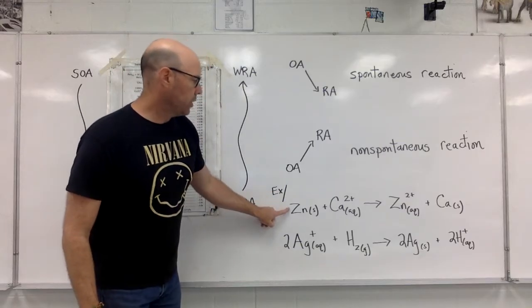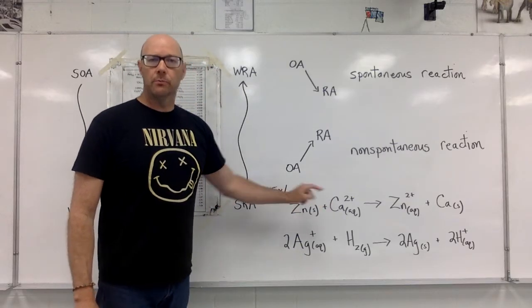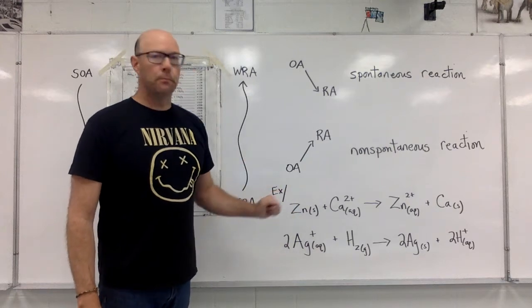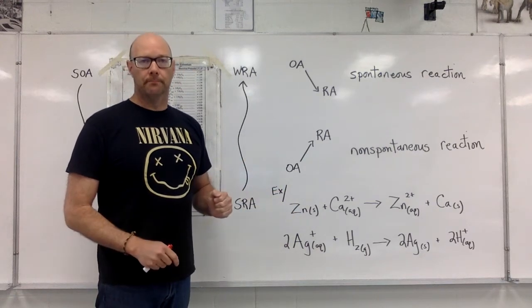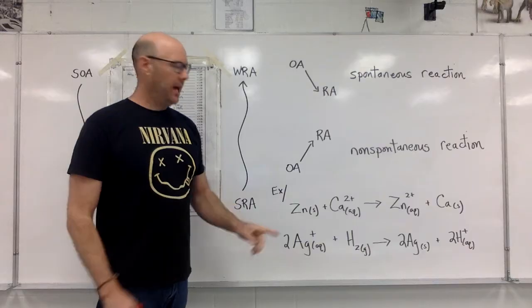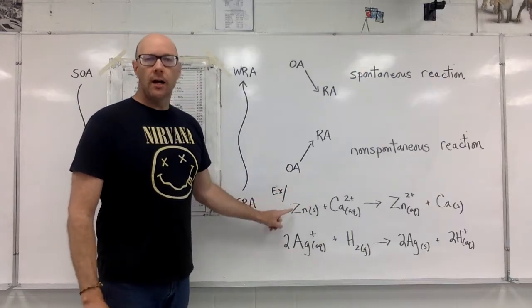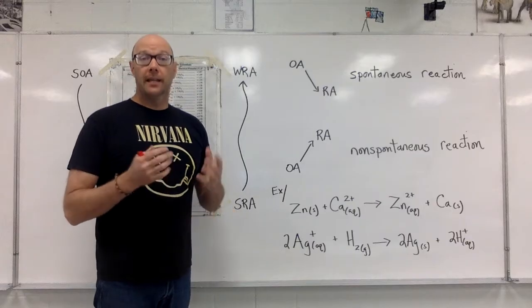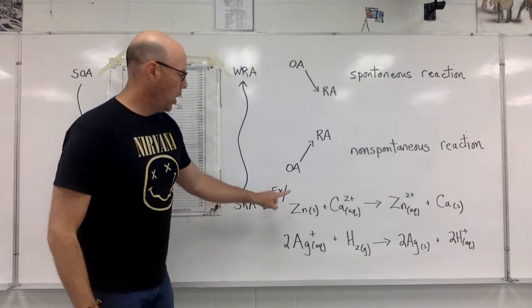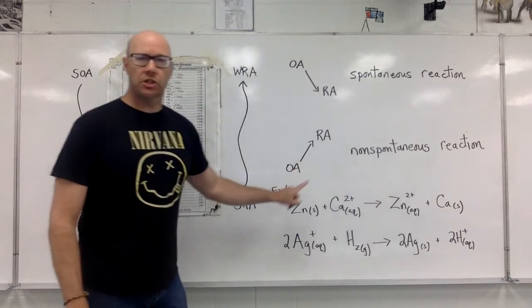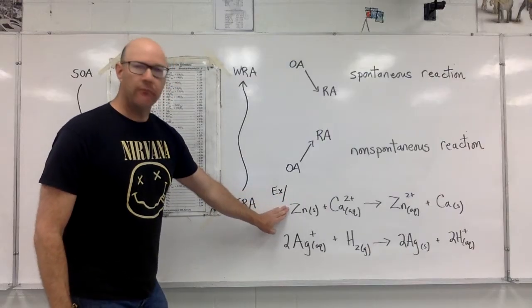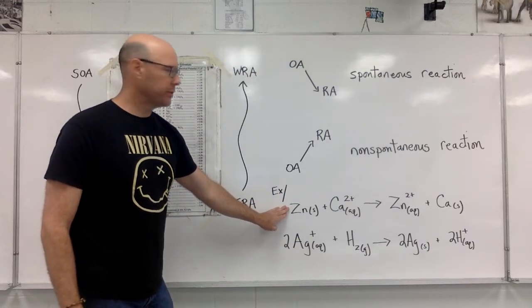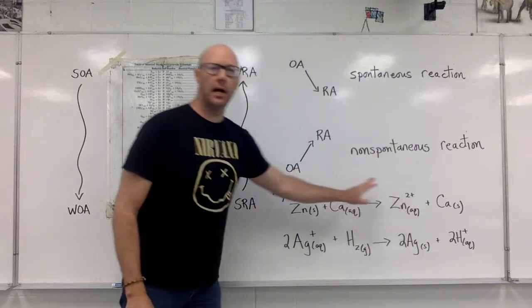We have zinc solid reacting with calcium 2+ ions to produce zinc ions and solid calcium. Our first task is to decide which one is the oxidizing agent and which one is the reducing agent. We can go about that in a couple of different ways. We can analyze the reaction itself. We have neutral zinc atoms becoming zinc ions.